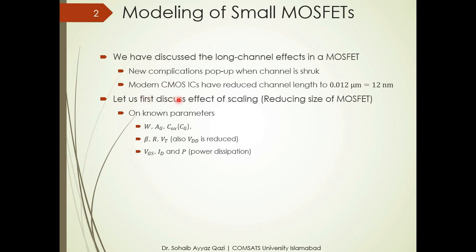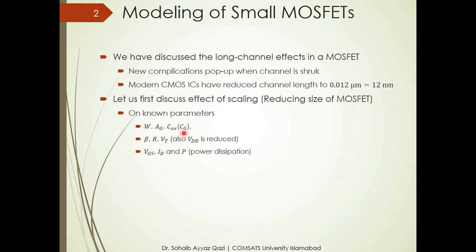To understand that, we have to discuss scaling theories, or the effects of scaling when we reduce the size of a MOSFET. For that we have to tackle some different parameters: W, the channel width. AG is the area of the gate. C oxide represents the capacitance of the oxide material.